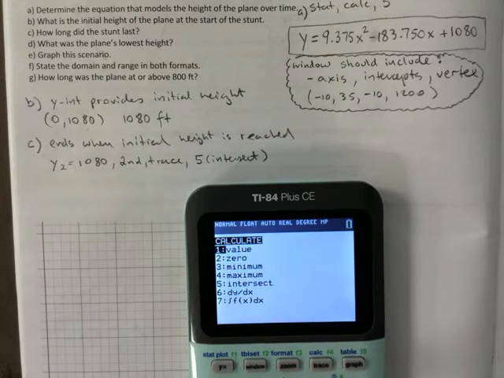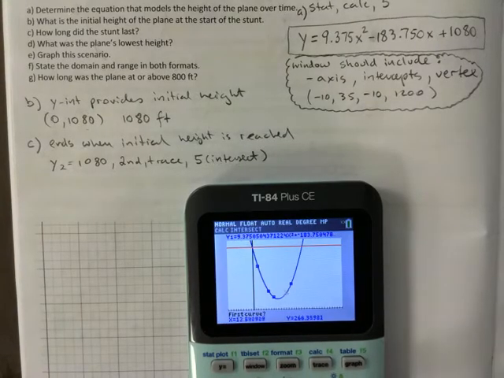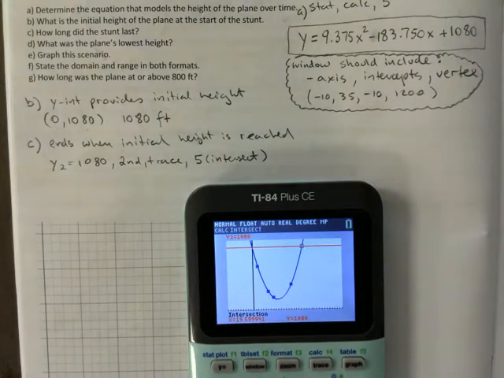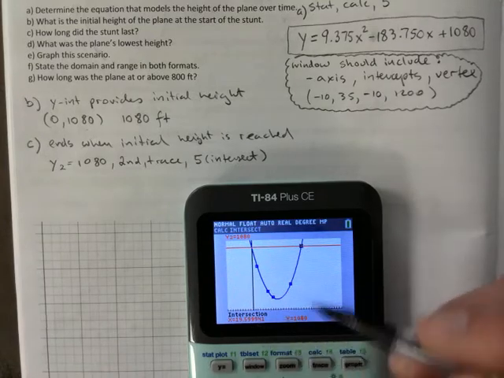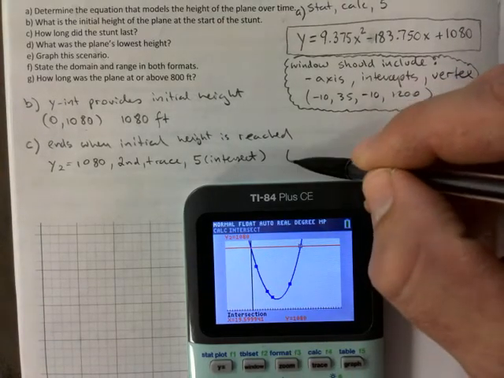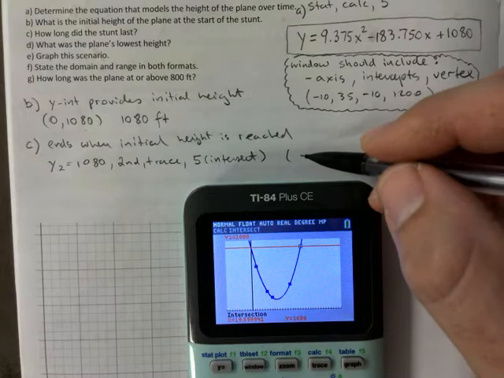So second trace 5, go over to it as close as possible. That is close enough. Enter, enter, enter. You basically have to make the calculator decide. So if you get closer to the other one, it's going to find that one. If you go a bit closer to the left, it's going to find the one that's to the left, right? So this one is, let's write this down, 19 point, what would you say?